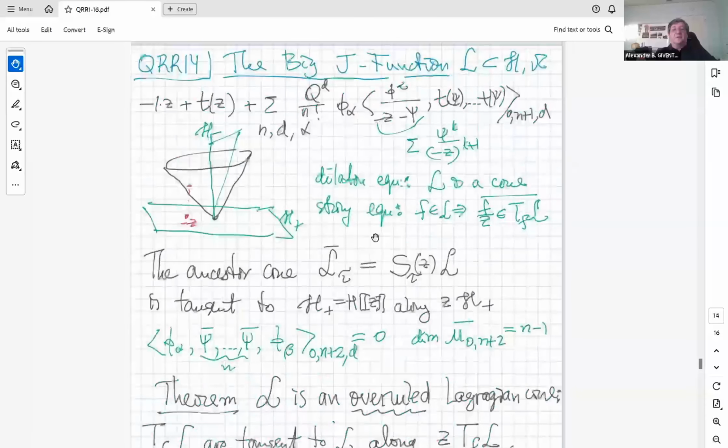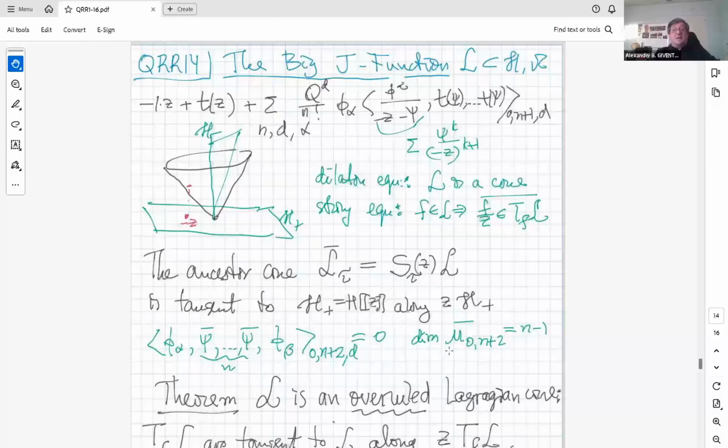So the Lagrangian section corresponding to the descendant theory, you apply that symplectic transformation and you get the section corresponding to the ancestor. The bar indicates ancestor, and there is a parameter tau. But there is the following phenomenon: this Lagrangian section is actually tangent to H plus along zH plus. So it's tangent to the space of power series along a subspace which is power series with zero free term. And here is the reason.